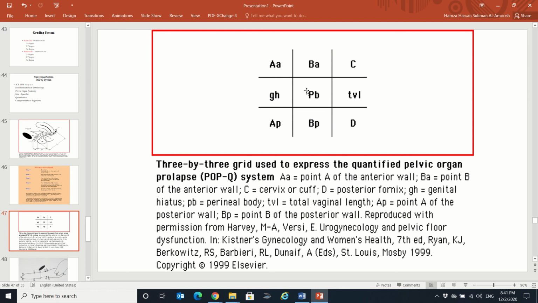This is the perineal body. This is total vaginal length. The last row, the third row, the first two, AP and BP, A posterior, B posterior, is for the posterior vaginal wall or the rectocele. You see the lowest point, and this reflects the degree of prolapse. And D for the enterocele.